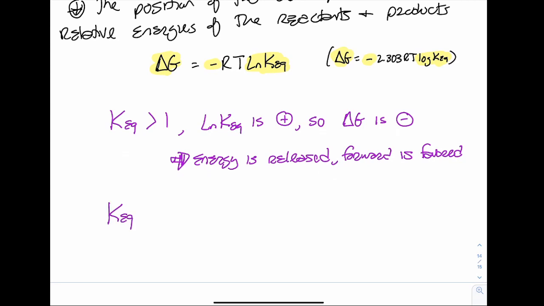If my equilibrium constant is less than 1, my natural log, or log base 10, is actually going to be a negative value. So the log of something less than 1 comes out to be negative mathematically. So again, going back up to my formula, because I have this negative sign here, a negative times a negative is going to give me a positive.